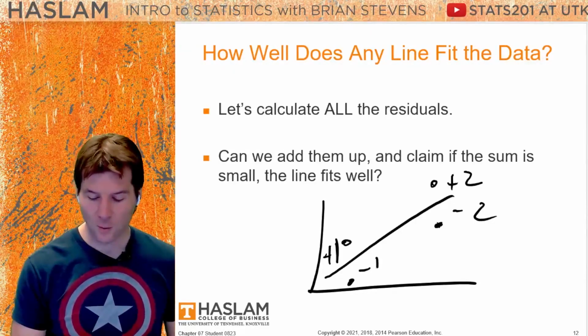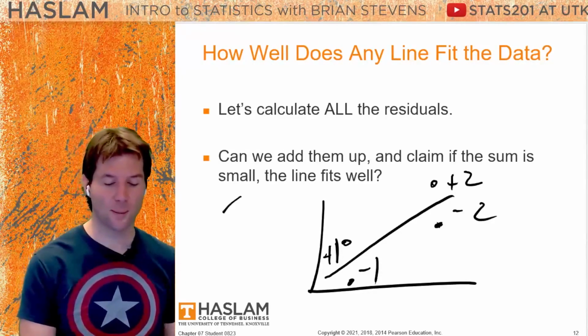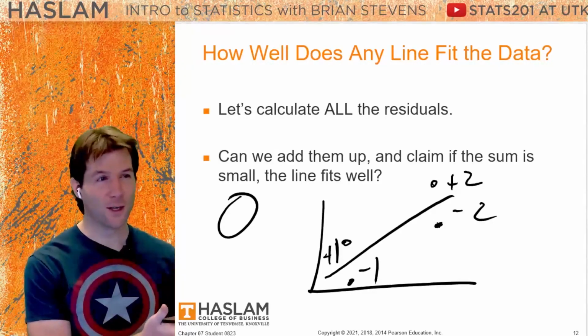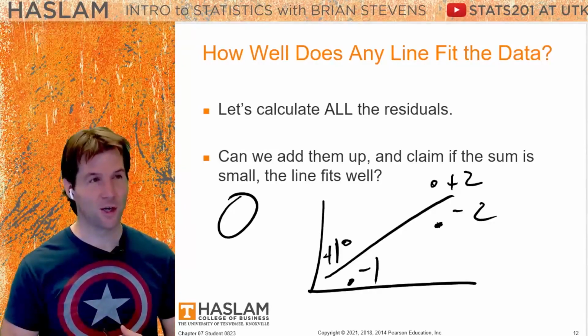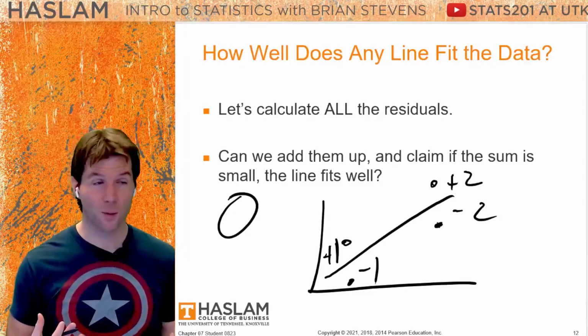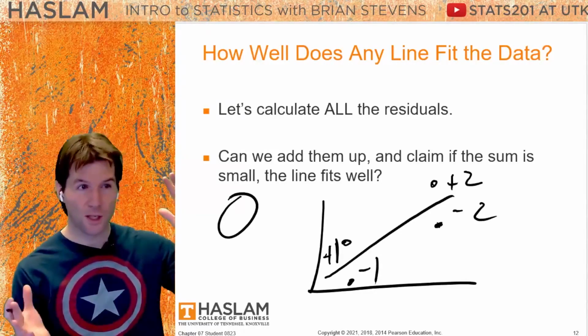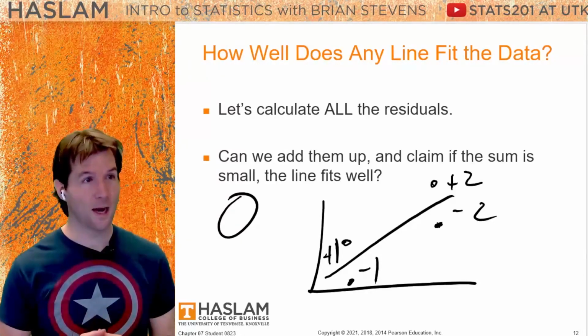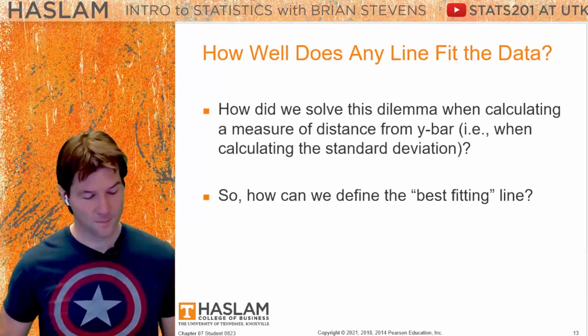It would be -1, because all the residuals sum up to 0, they average out to the line. A lot of models aren't as fun and as perfect as this one and easy to show, but if you were to sum up all the residuals for any model, they would even out and flatten out to the line right there because the line is the average of all the points.